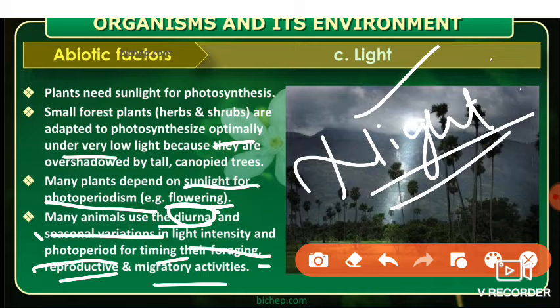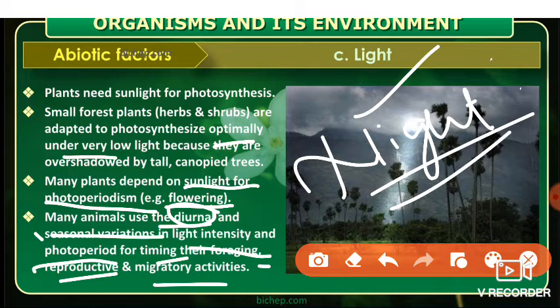If it is more, they are going to migrate. If it is normal, how much they require, if that much of light is present, they are going to stay there. If the light intensity is more, they are going to migrate from one place to another place. Because in bird sanctuaries you can see so many birds migrating from one place to another place. For what purpose? For the reproduction purpose.